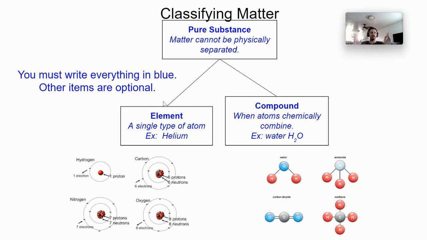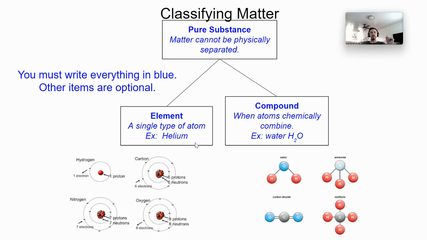One helium atom, we cannot really break apart the protons, neutrons, and electrons, not by any easy means. We can use a Large Hadron Collider to break it apart, but it's very, very hard to do and not very likely.